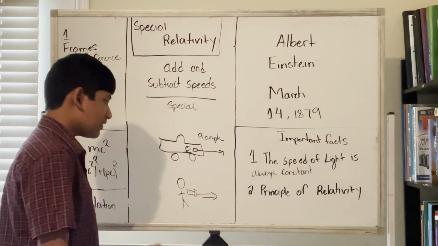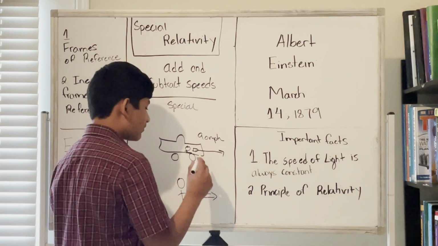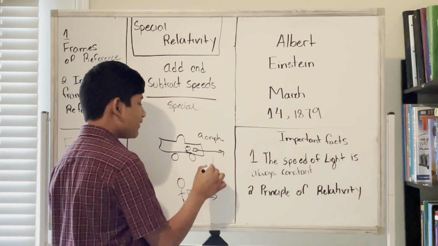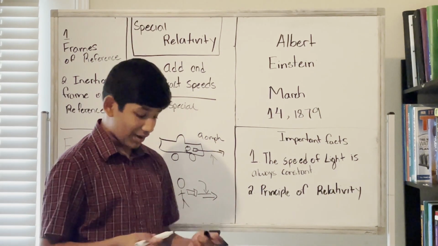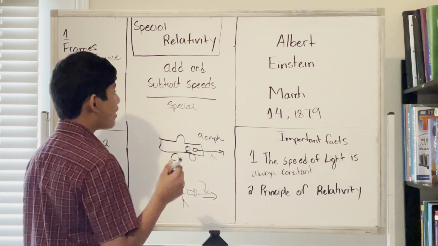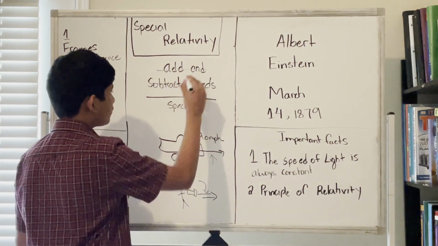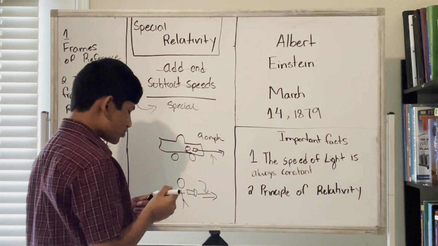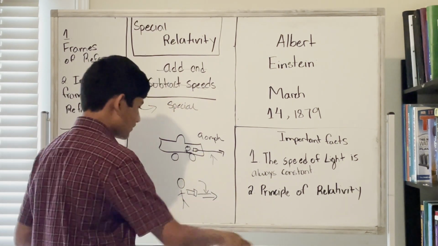Then as you can see, the speed of the light is always going to be the same, even when the car is moving at 90 miles per hour. The speed of light is always constant, so we can't add and subtract speeds or velocities. So this is wrong when we're looking at special relativity, specifically at light.